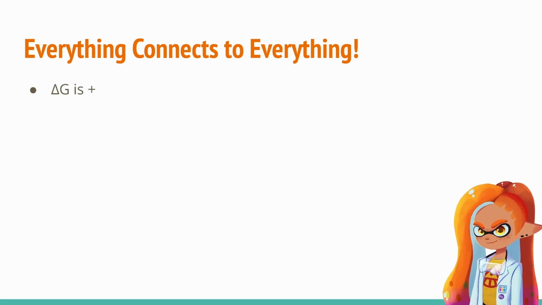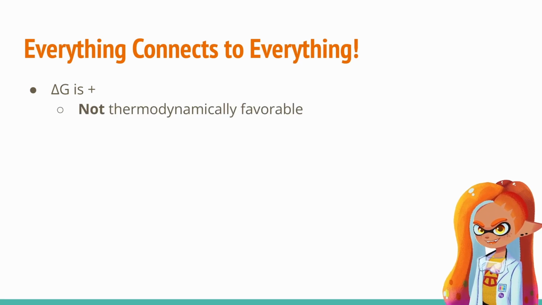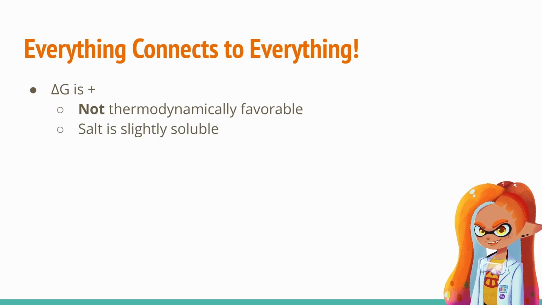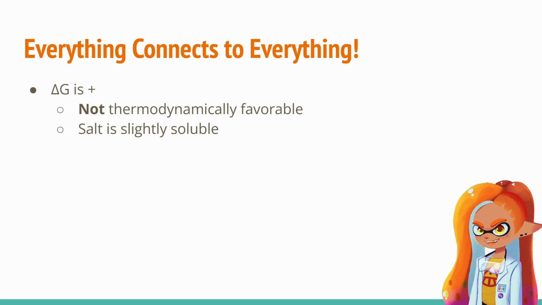If delta G is positive, that means it is not thermodynamically favorable, or thermodynamically unfavorable. In other places, like in college, you might say not spontaneous. And so your salt is slightly soluble, like barely.